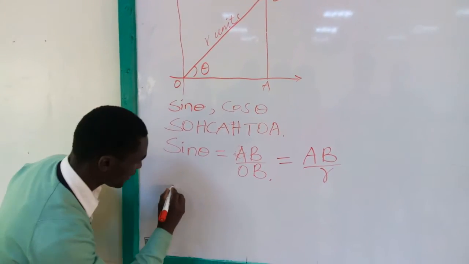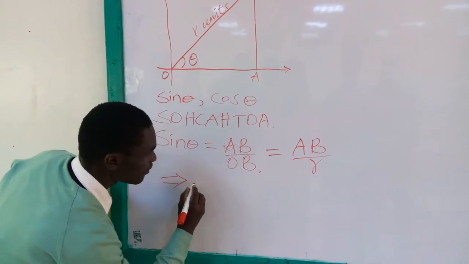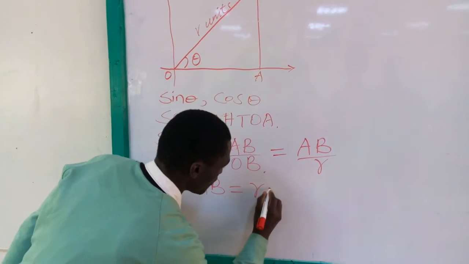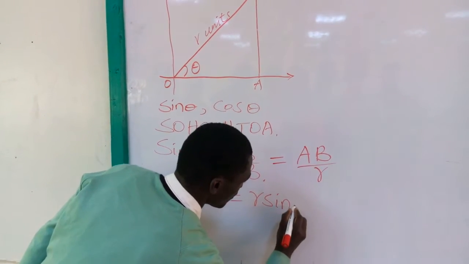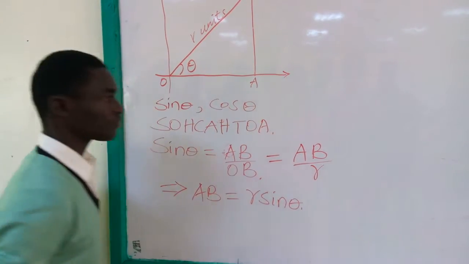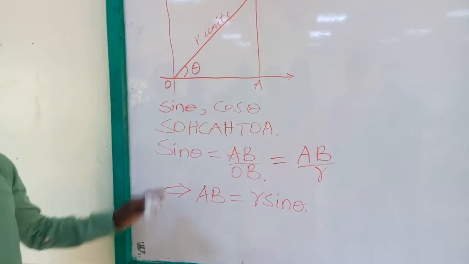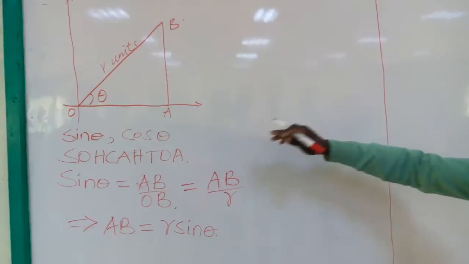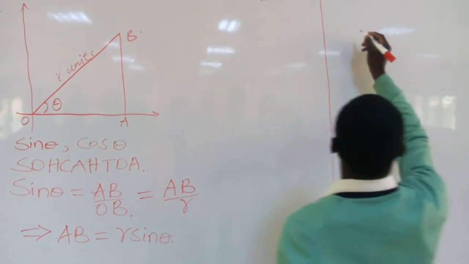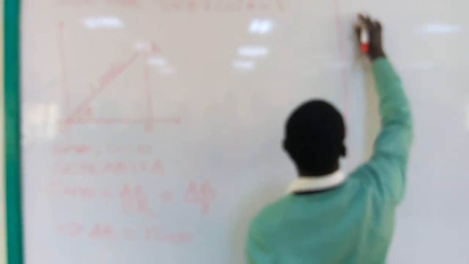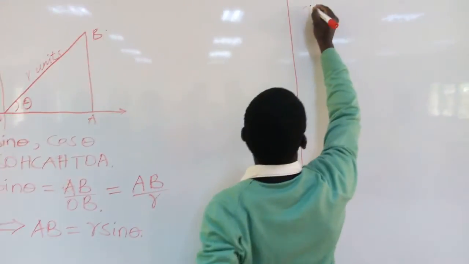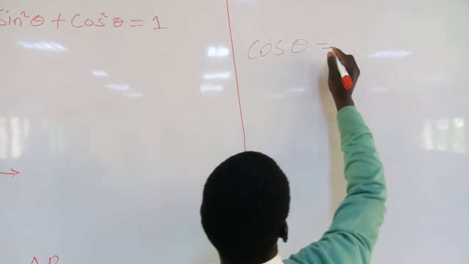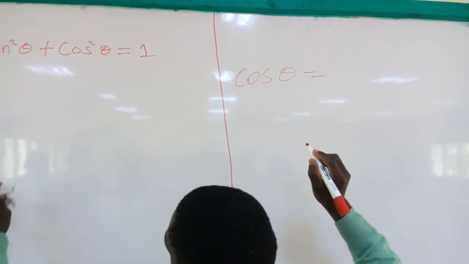And this implies that AB is equal to R sine of theta. Similarly, we are going to look at cosine of theta, and we are going to say that cos theta equals adjacent over hypotenuse.